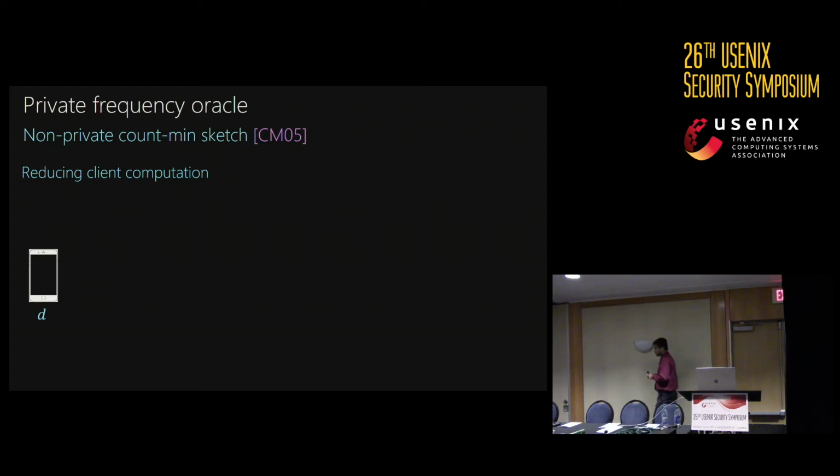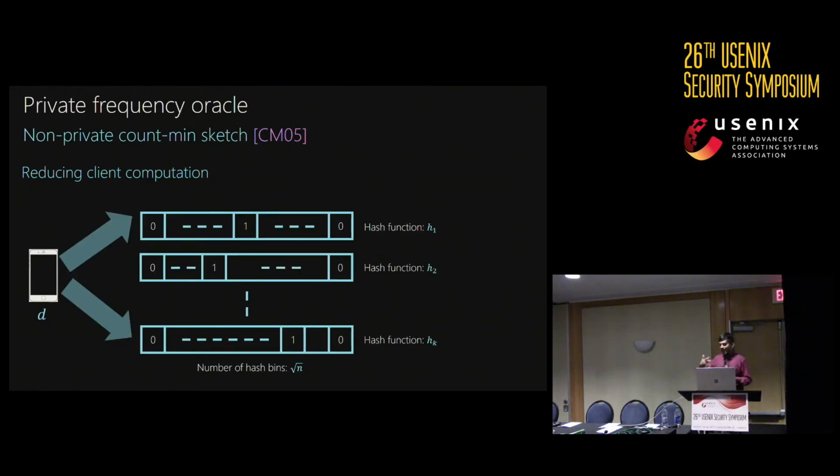we'll use a tool from data streaming or sketching called count min sketch. First I will give the idea without privacy, then I will show that it is almost immediate how to make them differentially private. So what's the idea? You take the data sample and hash it with k different hash functions. For technical reasons, these hash functions have to be pairwise independent.